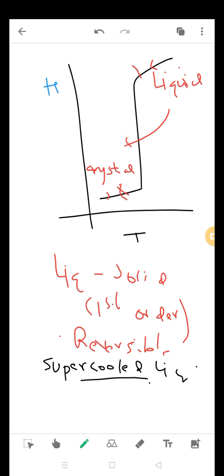There is a difference between a glassy state and a supercooled liquid state. A supercooled liquid state will transform to a glassy state.